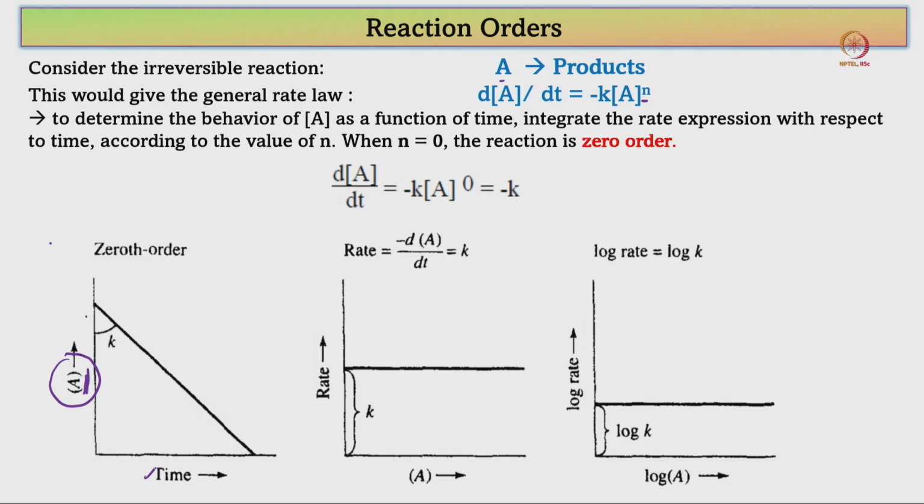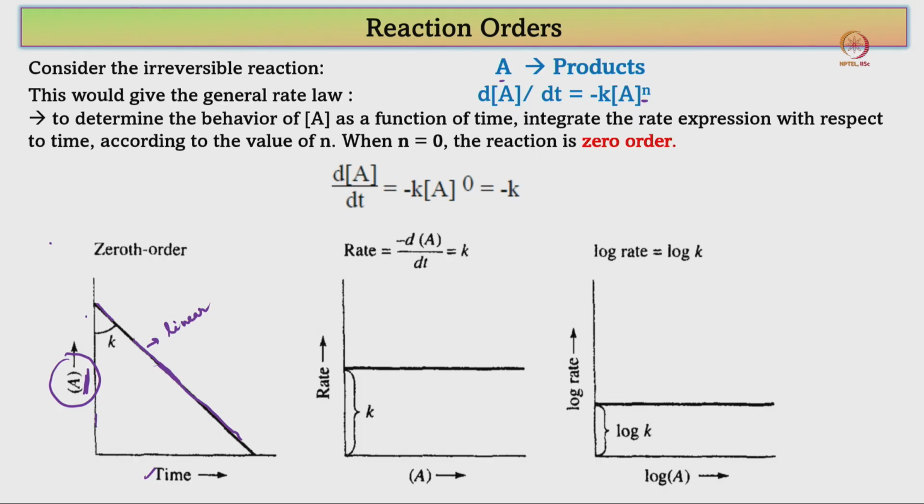If it is a very linear change with time, and if I increase the concentration of A, nothing is happening, it is just following this linear path. Even if I increase the concentration, it is still following this linear curve.